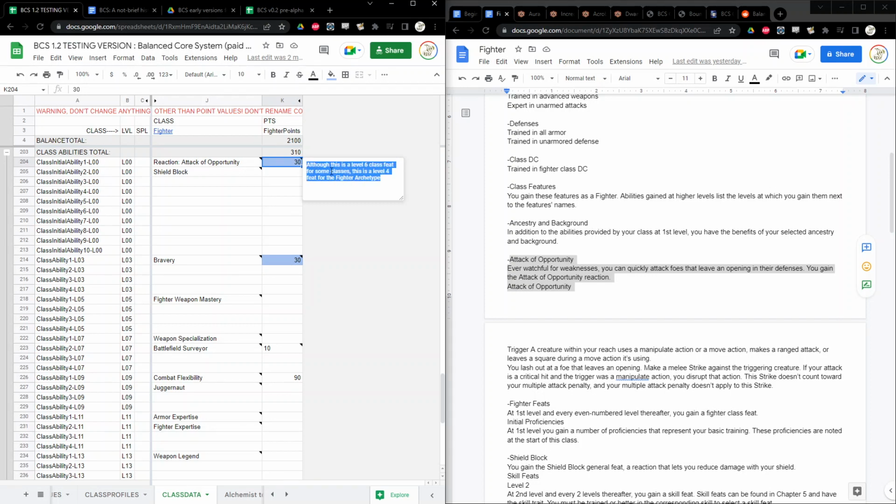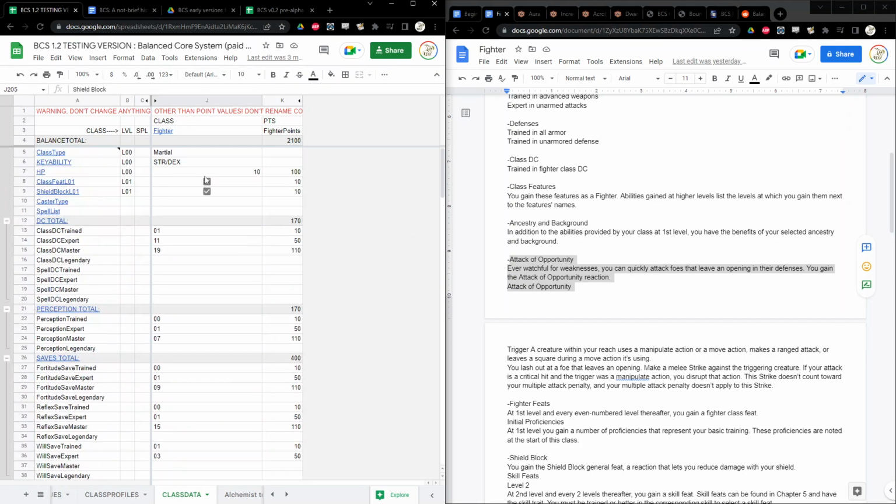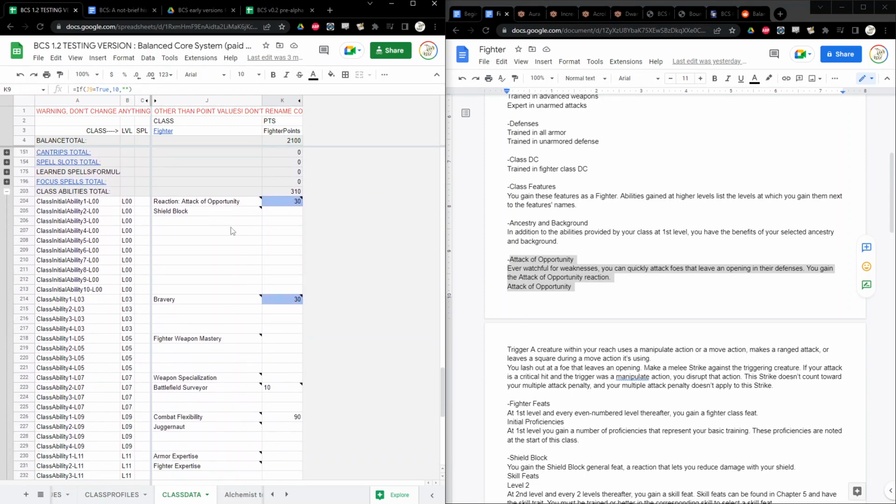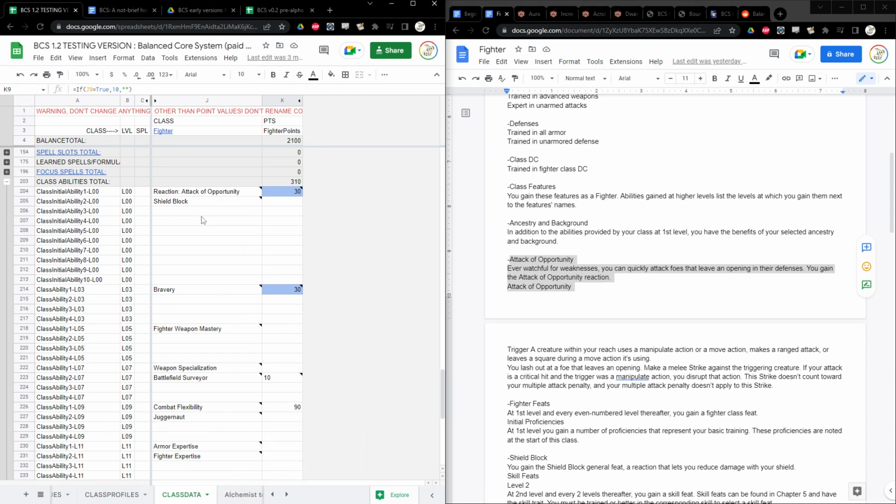Like I said, for the most part, if the multiclass archetype has a feat that is the same as one of its class features, that's usually going to be at least a good indicator of what the cost value of that is. Shield block is, of course, at the top here. We account for it there, so we don't need to count it again.